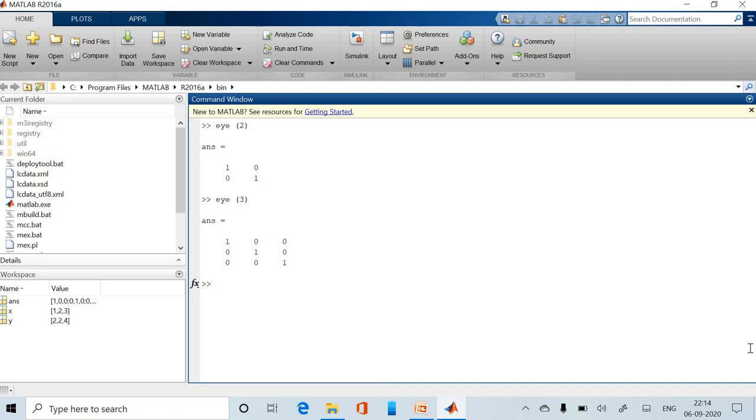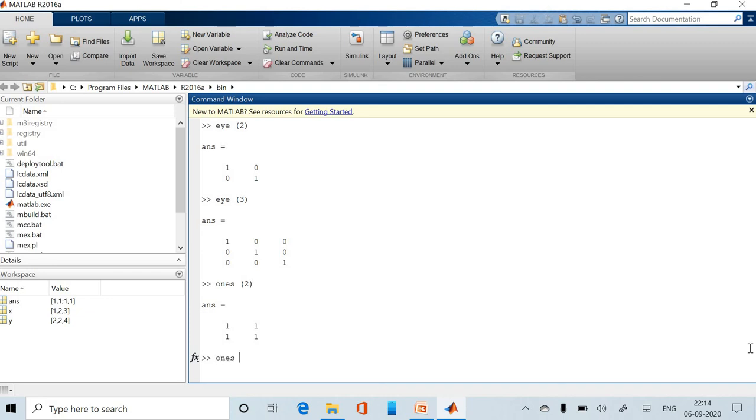Another function is ones. Ones will make all of the elements in the matrices 1. Again, 1 cross 1, 2 cross 2, 3 cross 3. You have to write either 1, 2 or 3 for that. Suppose you write 2, so we are getting a 2 cross 2 matrix of all ones.